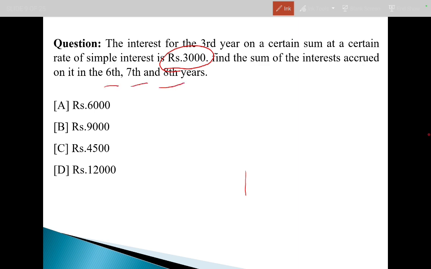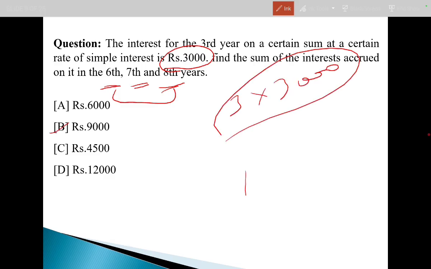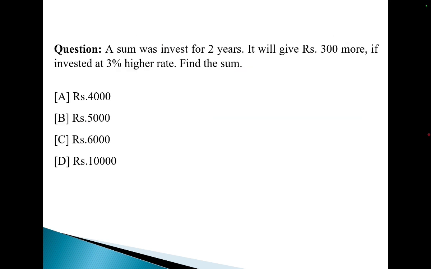So basically this question is based on SI, and we all know that every year SI will be the same. If in the third year SI was 3000, which means every year they are getting 3000. So in the 6th, 7th and 8th year, all 3 years they will get 3000. So 3 years are there, and if every year they get 3000, the answer will simply be 9000. A very simple and easy question this is.